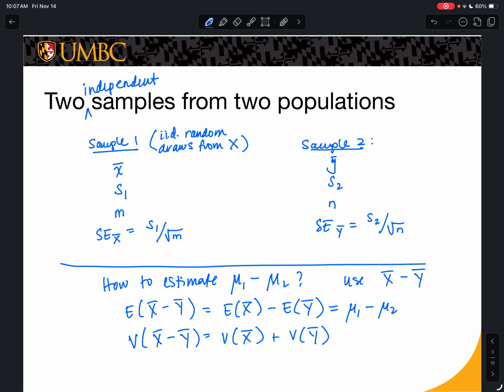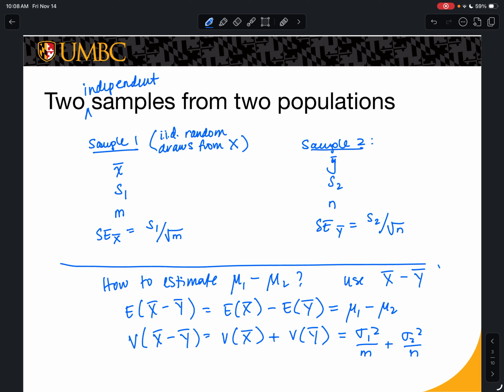But then we have to square their coefficients, which is what causes us to get a plus here instead of a minus. And this, according to what we know about the variance of sample means, is going to be sigma 1 squared over m plus sigma 2 squared over n. Okay, so that's what we know so far about this quantity x bar minus y bar.